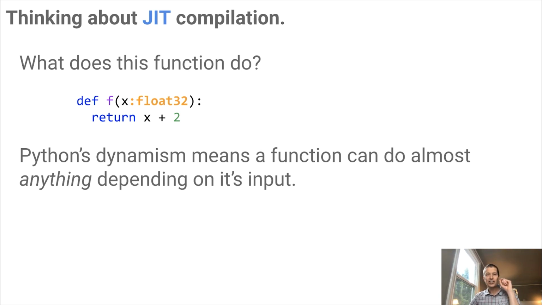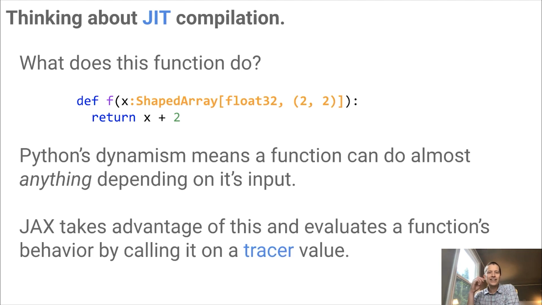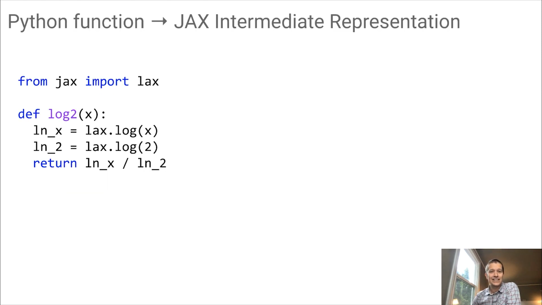And JAX actually takes advantage of this fact in figuring out what the function does in order to compile it. What JAX does is it passes an abstract value that is not an array itself, but knows how an array acts under certain operations. And it uses that to characterize what the function does and get a list of operations that it can then send to XLA to compile.